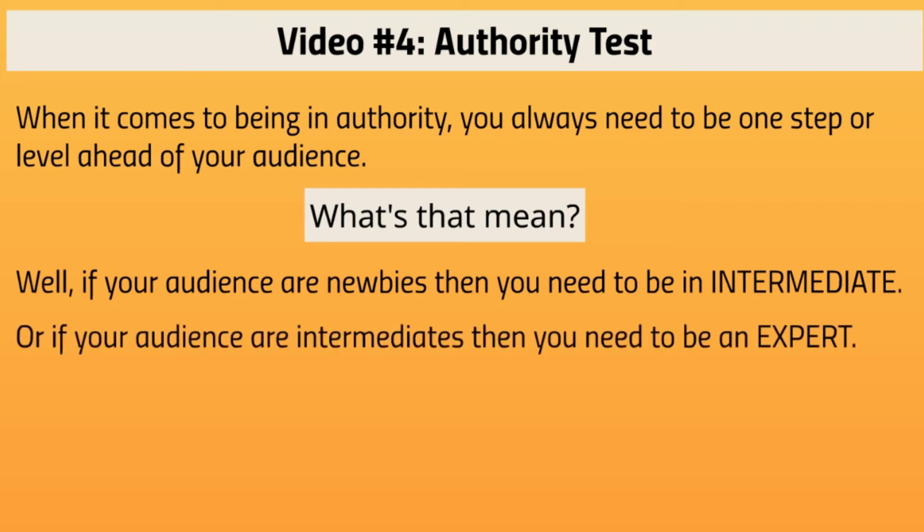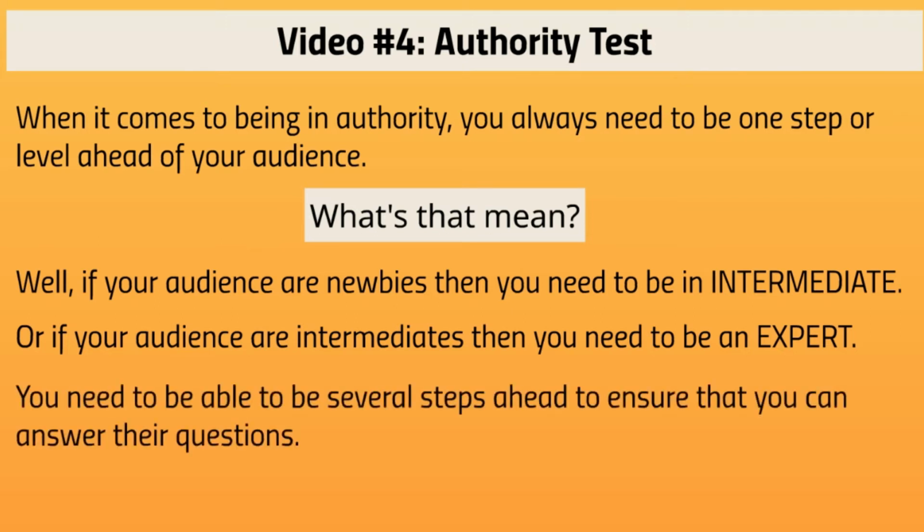Or if your audience are intermediates, then you need to make sure that you are an expert in that niche. And the reason is because you need to be several steps ahead to ensure that you answer their questions. In other words, you need to make sure that you can gain their trust by providing value, and that way they understand that you have been through what they are going through right now.